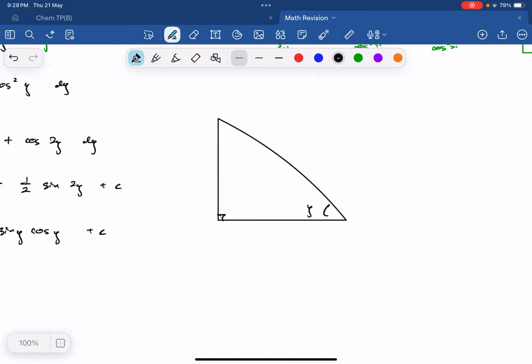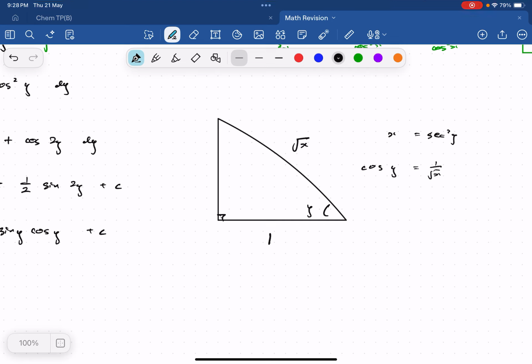So this is actually going to be, cosine is 1 over root x, correct? x equals secant squared y, so 1 over secant squared is cos squared y. So cos y is 1 over root x, yes.